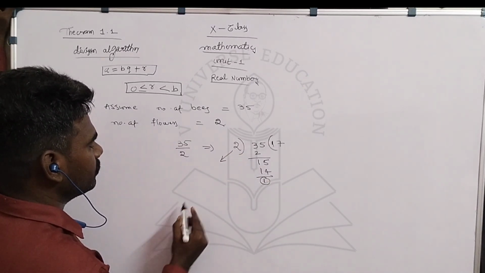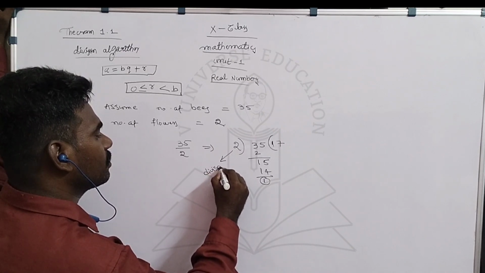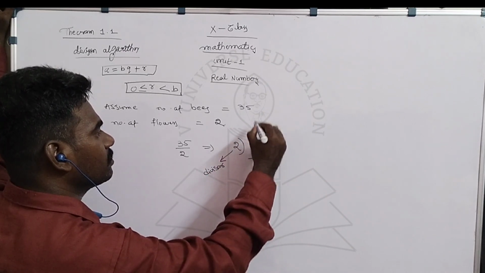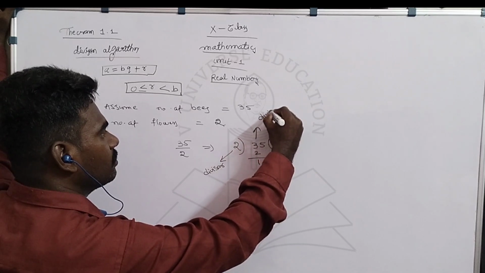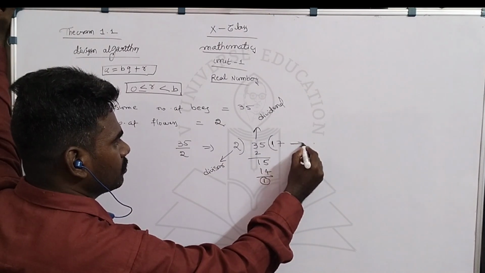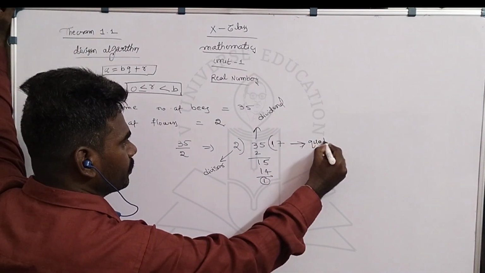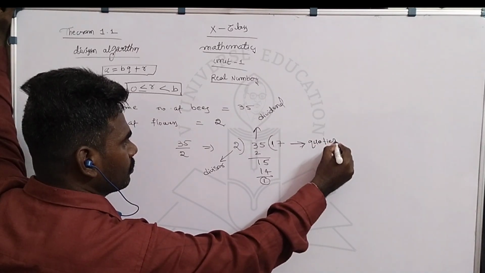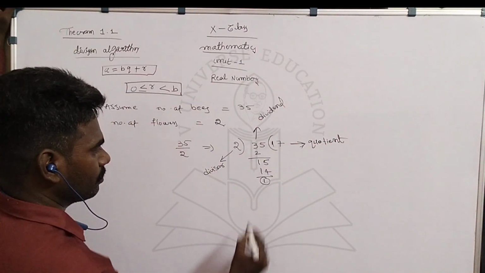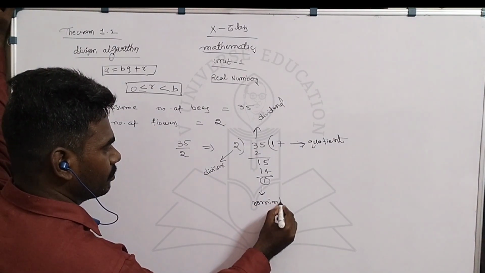So this we can say is the divisor, this is the dividend, this is the quotient, this is the remainder.